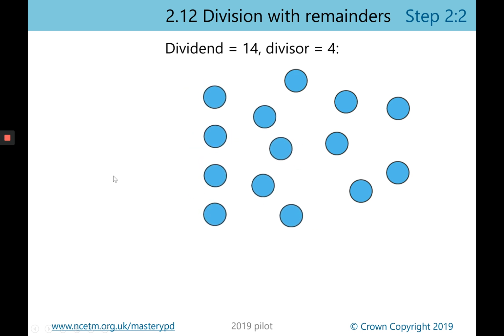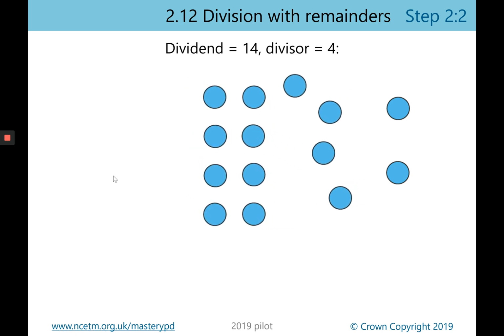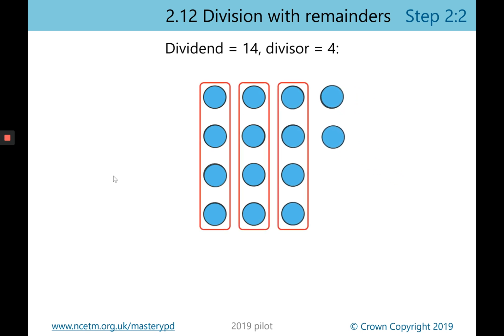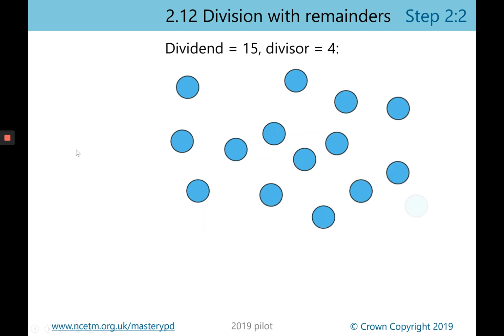There's one group, another group, another group, and then I have 2 remainders this time. So we would write that 14 divided by 4 equals 3 remainder 2. So 14 divided into groups of 4 is equal to 3 with a remainder of 2.